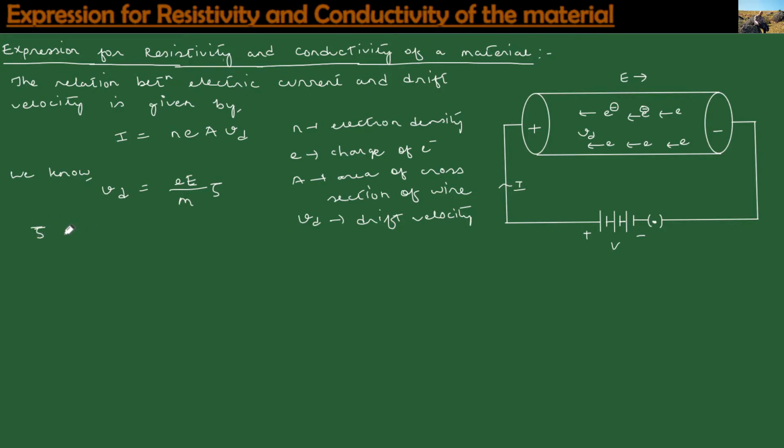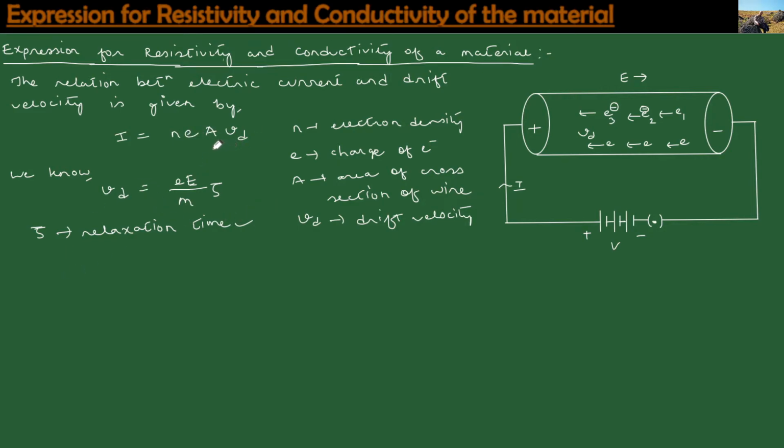Tau is what is known as the relaxation time, because when the electrons are moving inside the conductor, they undergo collisions. For example, if this is electron 1, this is electron 2 and this is electron 3, electron 1 will collide with 2 and 2 will collide with 3. The time taken between two successive collisions is what we define as the collision time.